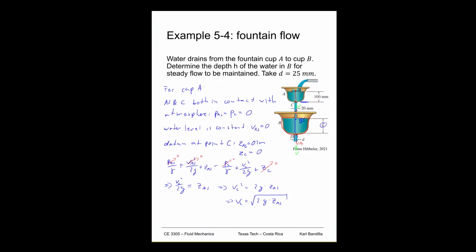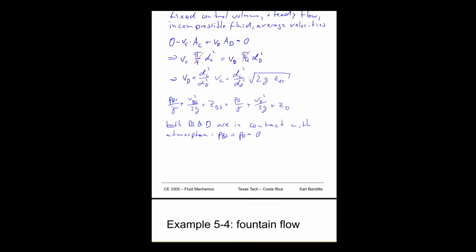It's a little tricky to think about this. Maybe we should think about VBS being somewhere over here, and this being the streamline. That makes it a little easier. So the water level in cup B is constant. That means that VBS is equal to 0. Then we have to set our datum somewhere.